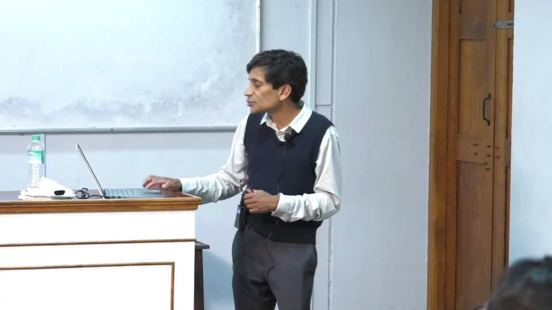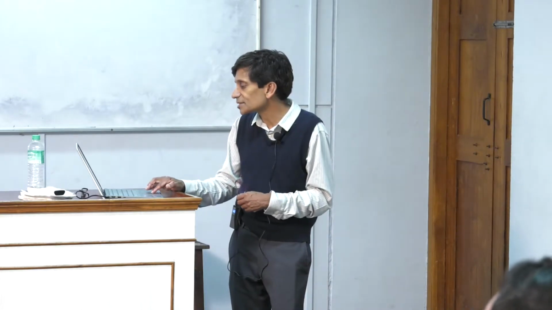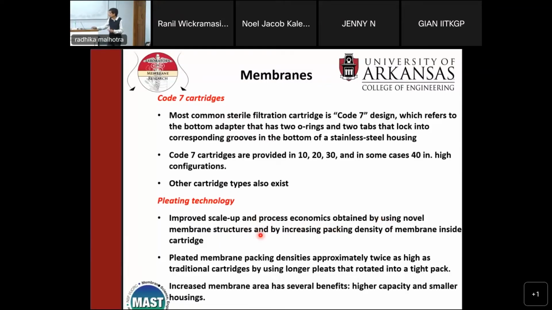Pleating technology is used to improve scale-up and process economics obtained by using novel membrane structures and by increasing the packing density of the membrane inside the cartridge. Pleated membrane packing density is approximately twice as high as traditional cartridges by using longer pleats and rotating in a tight pack.